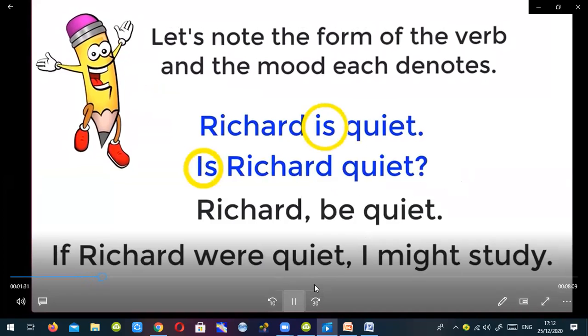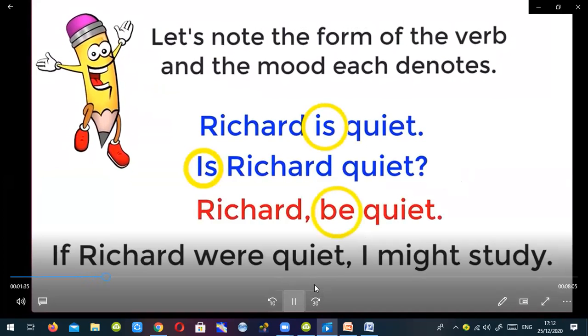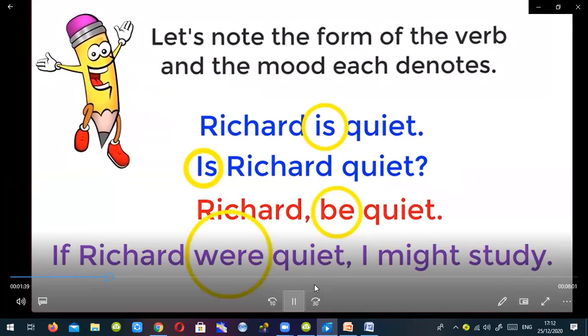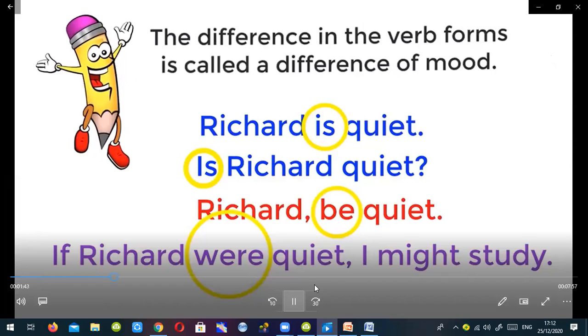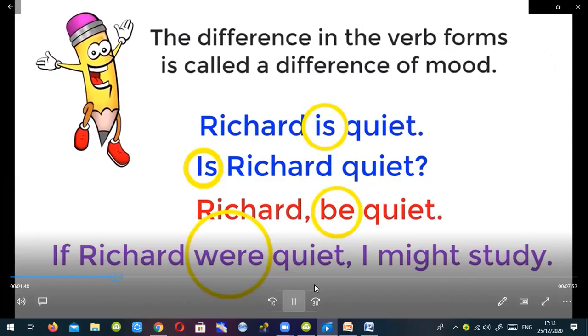In the third sentence, the verb be expresses a command or request. And in the fourth, the verb were expresses a condition or supposition that is contrary to fact. The difference in the verb form seen here in these sentences is called a difference of mood.